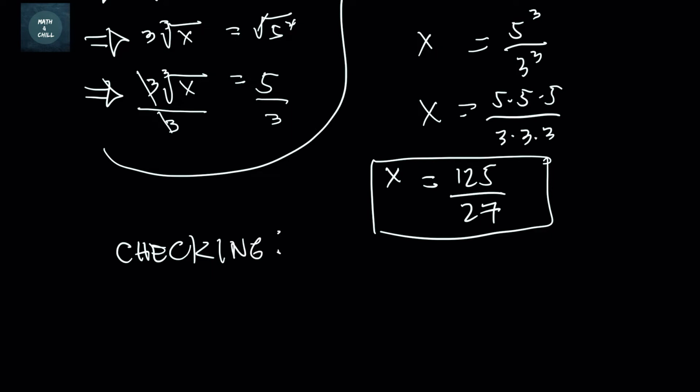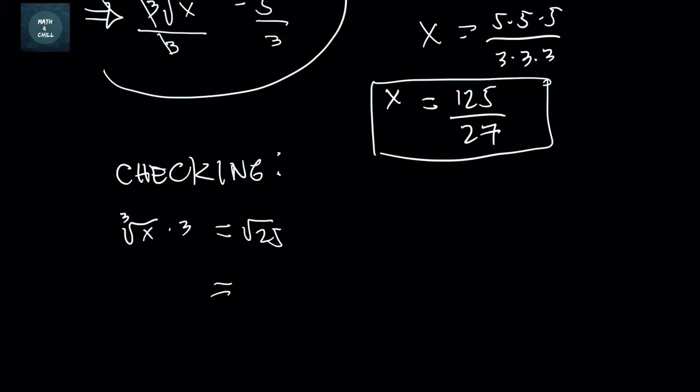Balik ta sa original equation na the cube root of x multiplied by 3 is equal to the square root of 25. So atong i-replace ang value sa x dire. Kining value sa x dire. So mahitabo is diri na to na ibutang ang 3 sa first kay para di ta malibog, no, equal ang gap na siya, is 3 times the cube root of x is equal to the square root of 25.